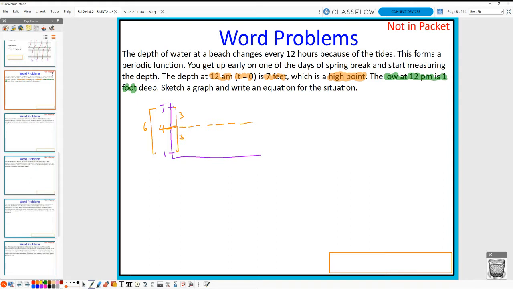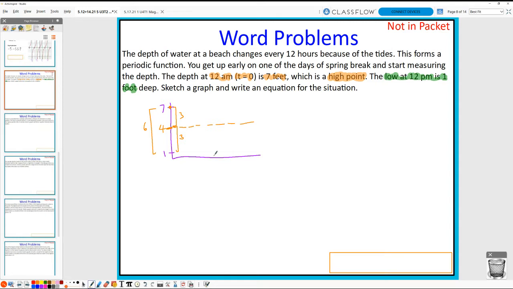Excellent. Let's take a look at the depth at 12, which is t equals 0, is 7 feet, which is a high point. Meaning, when time is equal to 0, I'm at a high point. So a max. And then they tell me a low point is 12 p.m. at 1 foot.